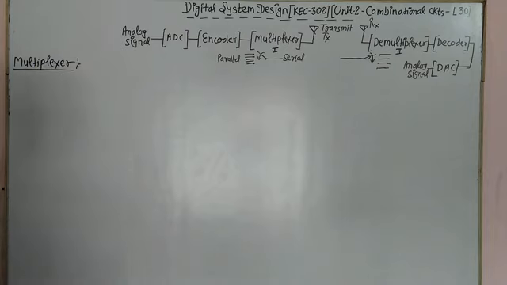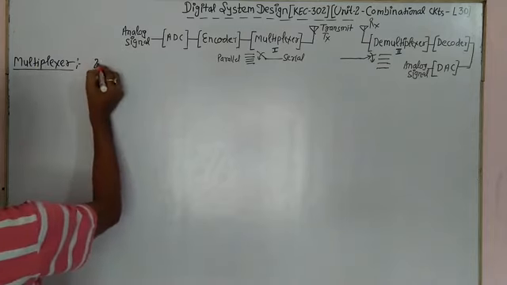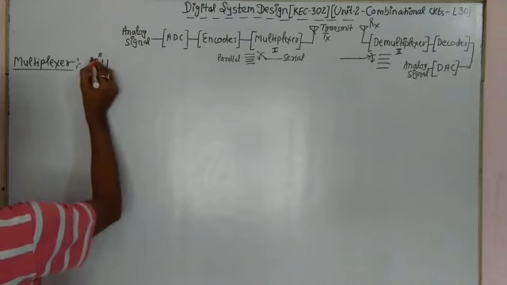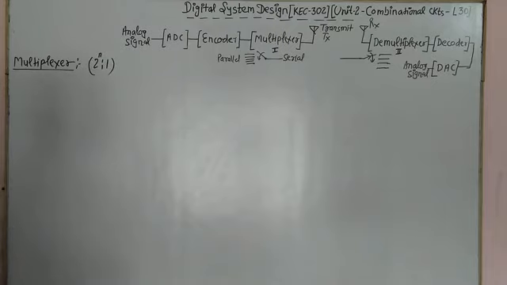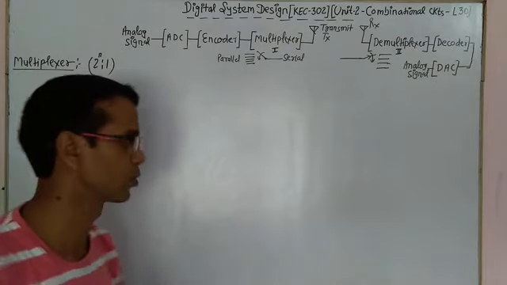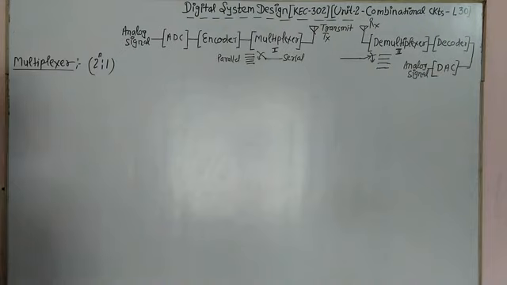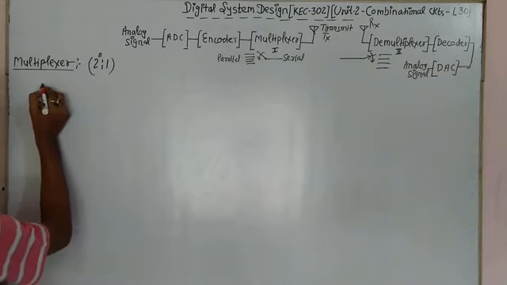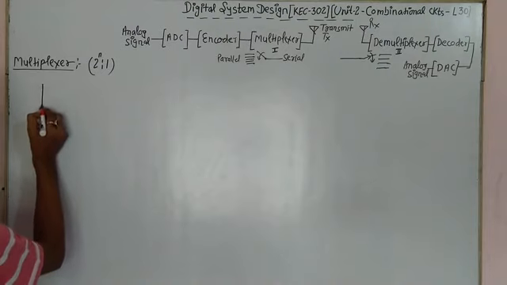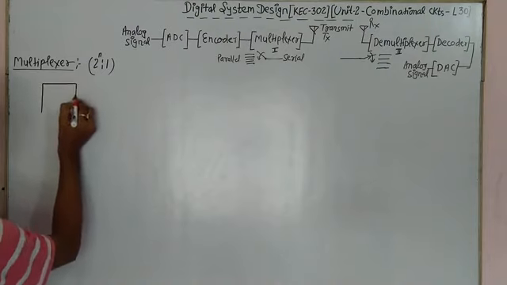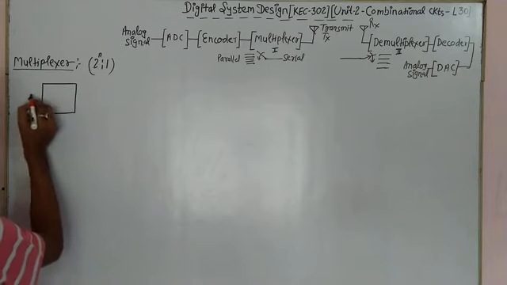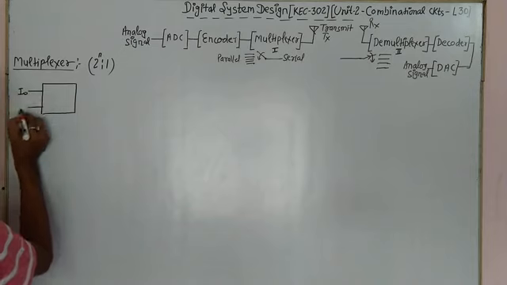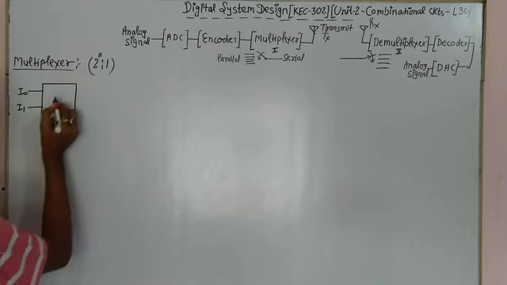The representation of this multiplexer is this: many inputs and you will get a single output. You can see the block diagram of this multiplexer here. Suppose you have two inputs, I0 and I1.